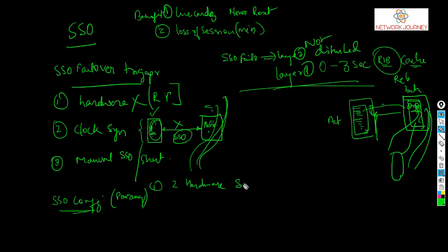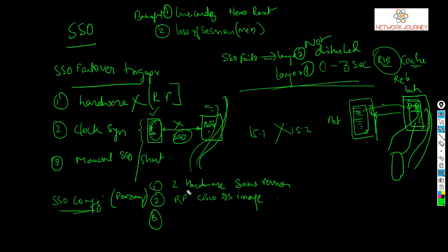It's not that you're running 15.1 on one side and 15.2 on the other side, because then SSO cannot be configured. Both RPs, the routing processors, must run the same Cisco IOS image. This is the second prerequisite.